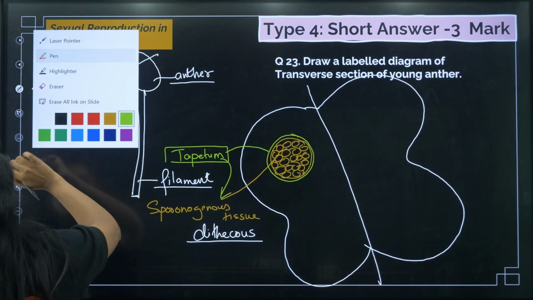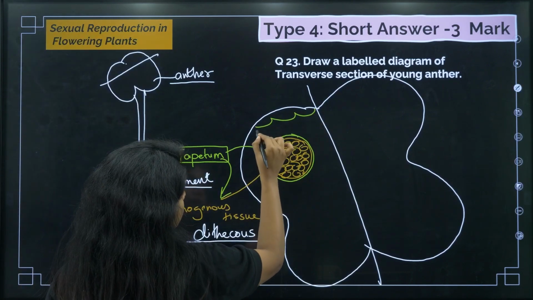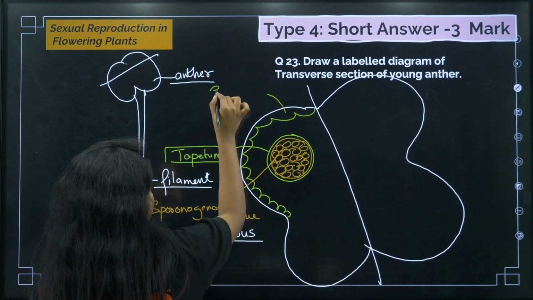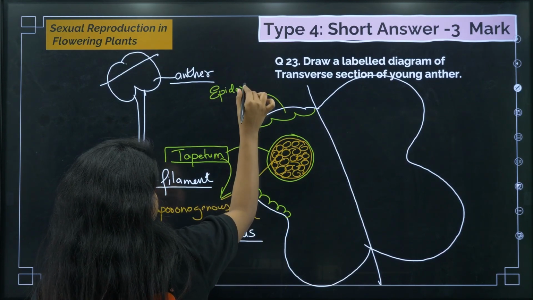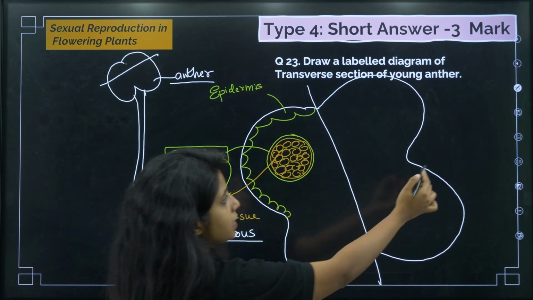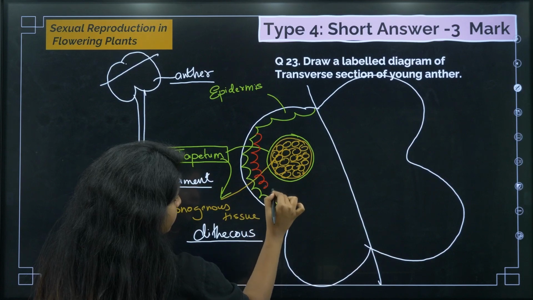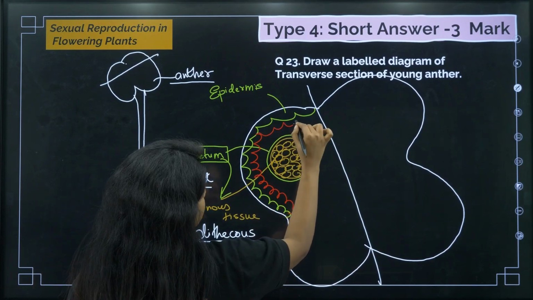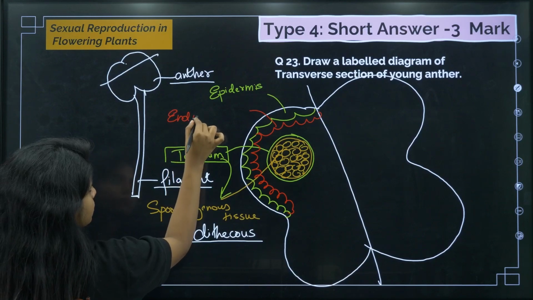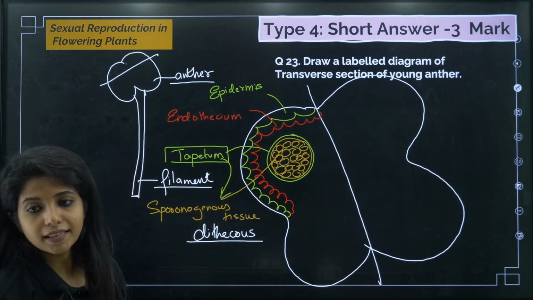Now, outside the tapetum, I'll start making from here. Over here, I'll have certain cells, the outermost one, which you call the epidermis. Now, inside the epidermis, you have the next type of cell. You call this the endothecium.